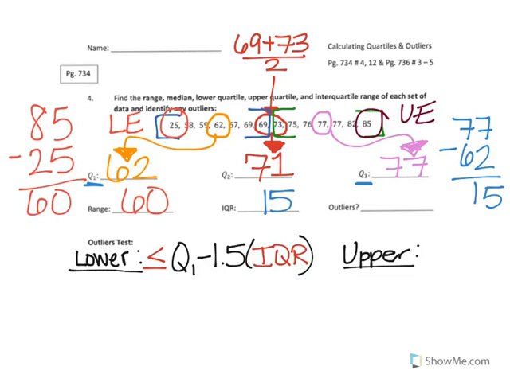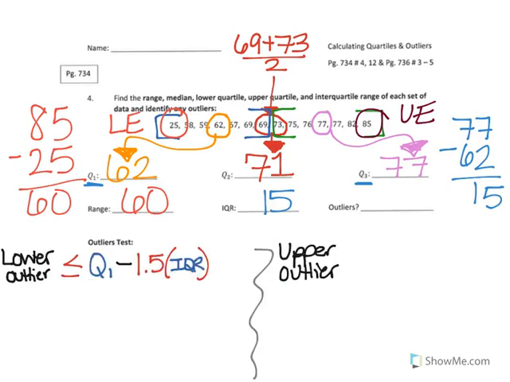And for the upper outlier, it will occur if it is greater than or equal to Q3 plus 1.5 times the interquartile range.